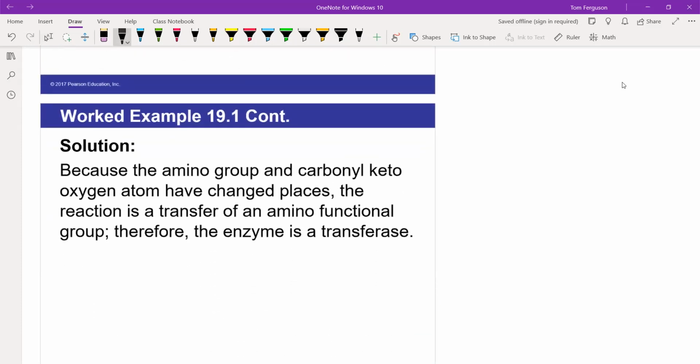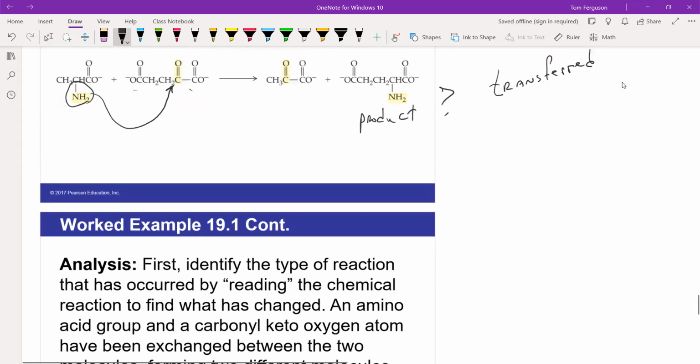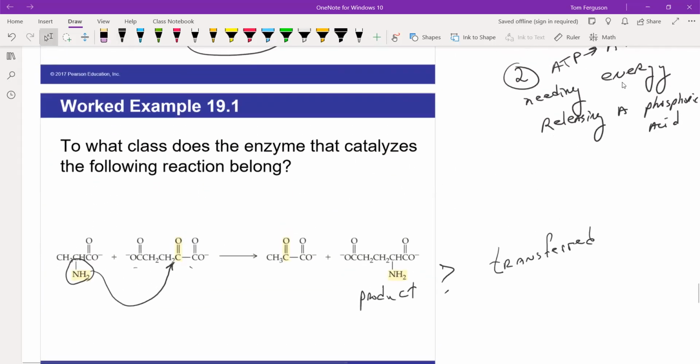So when we transfer a group, the enzyme transferase is the one that does it. So we have to look at what's going on between the substrate and product.